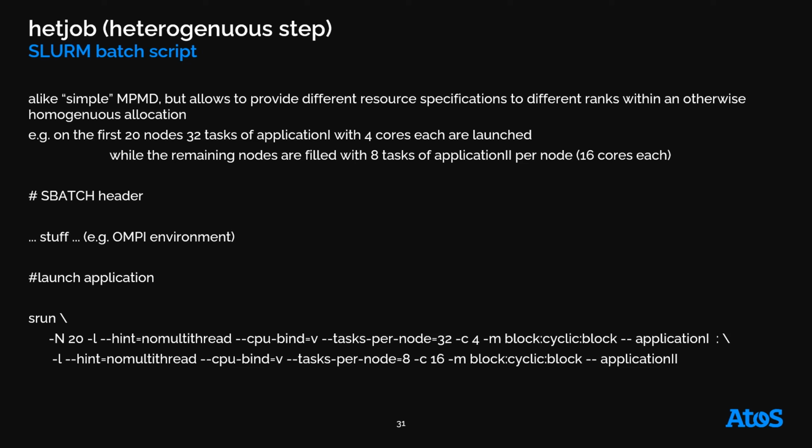In this case, I put an example here in which the first 20 nodes should run 32 tasks per node with 4 CPUs each, and then the already known manner.